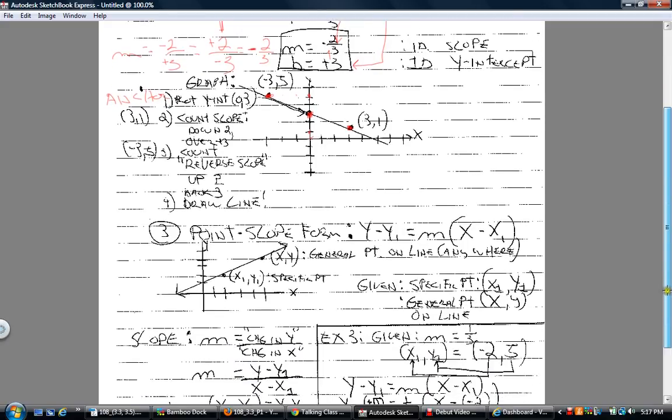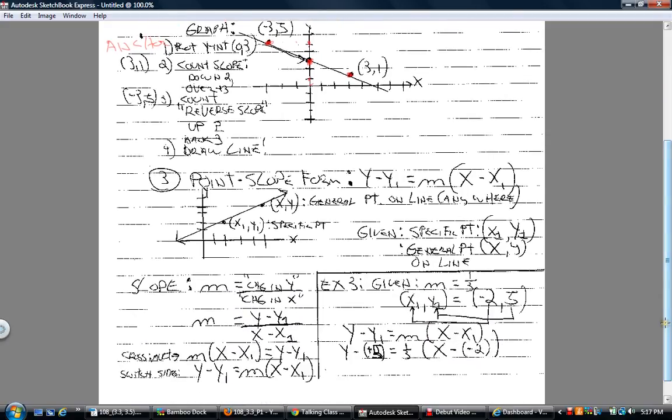Okay, now I want to take a couple minutes here. Objective number 3 talks about another variation on the form of a linear equation, and it's called the point-slope form. Now again, I give this to you, I tell you to write it on your reference card, and you learn how to use it.